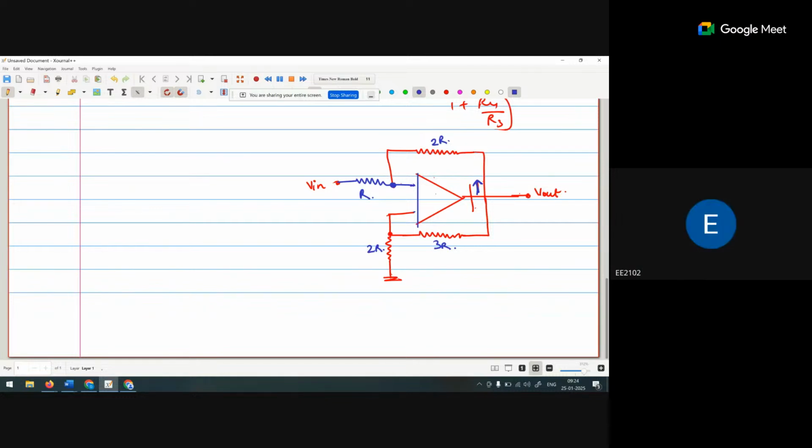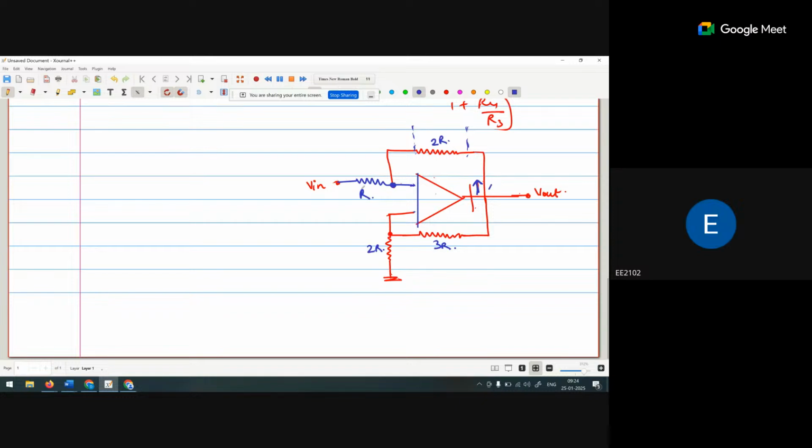It will increase. So I consider what the voltage drop is here. Some voltage will drop here. If I identify the voltage drop here, I can calculate the voltage here.